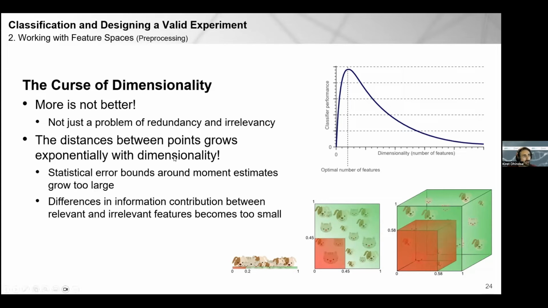The error bounds on those estimates grow exponentially with the dimensionality, because the density of the point clouds decreases exponentially as you add dimensions. So basically, the difference in how much information is contributed between relevant and irrelevant features becomes small compared to the actual error bounds of your estimates.